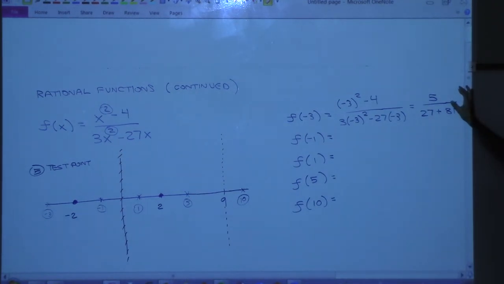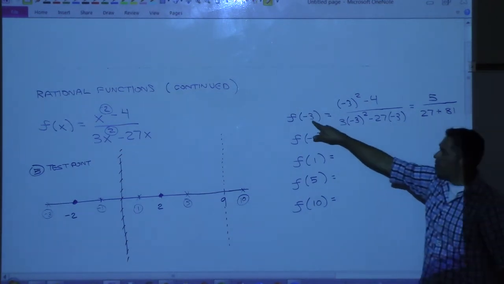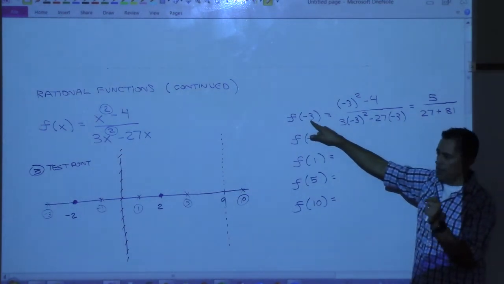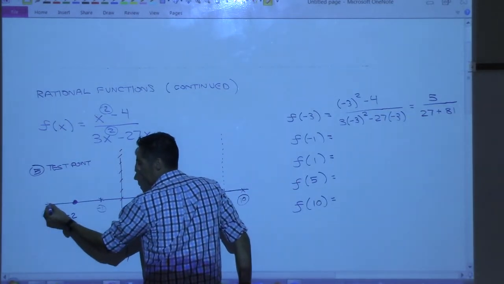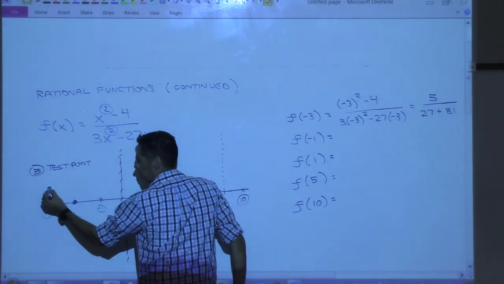But is it positive or negative? It's positive, because the top is positive and the bottom is a positive number. And a positive divided by a positive must be positive. So do you all agree that when we plug negative 3 in, we get a positive answer out? Okay, so I'm going to go over here to negative 3. I know that when I plug that in, I get a positive number, so I'm going to put it here.